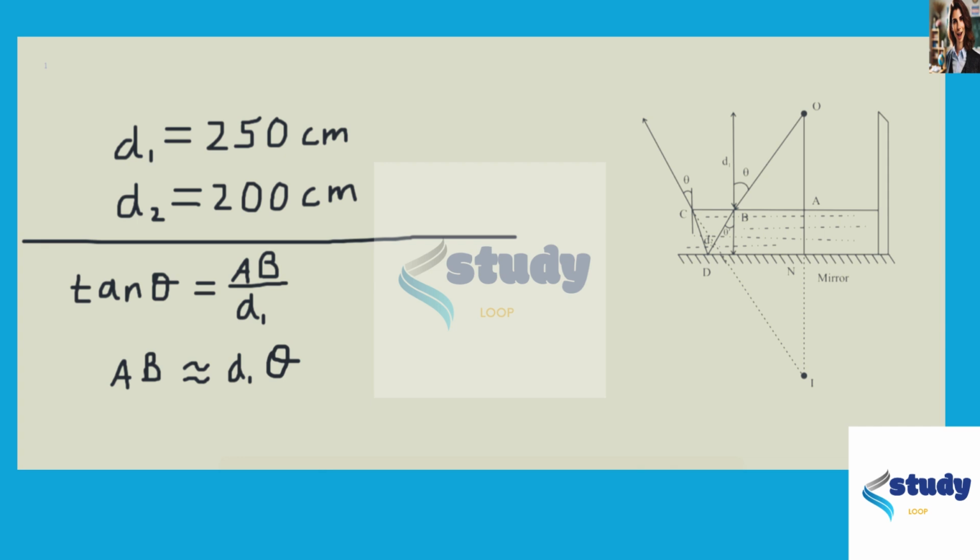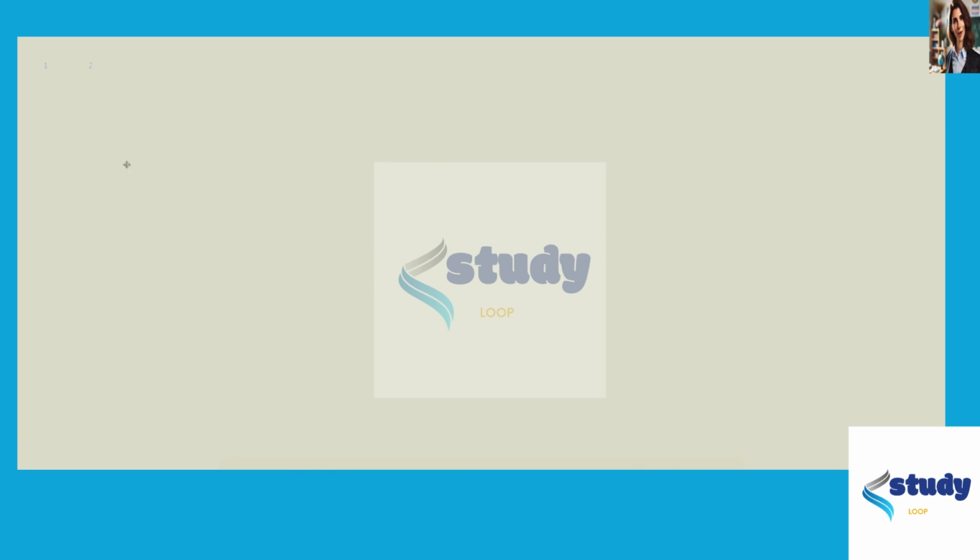So next, we're going to use triangle CBD from that image. And we'll start a new page here so we don't run out of room. We see that the tangent of the new angle, theta prime, from triangle CBD is equal to the distance from B to C divided by 2 times the distance D2.